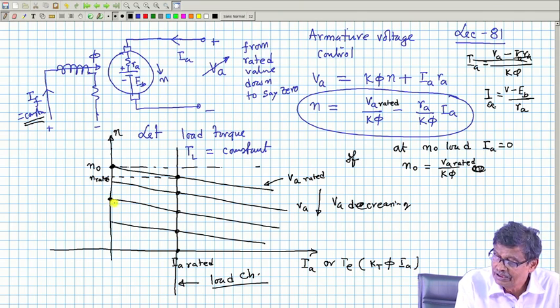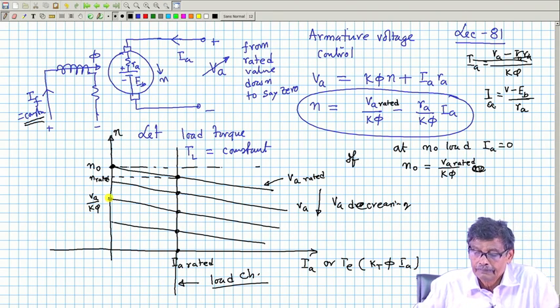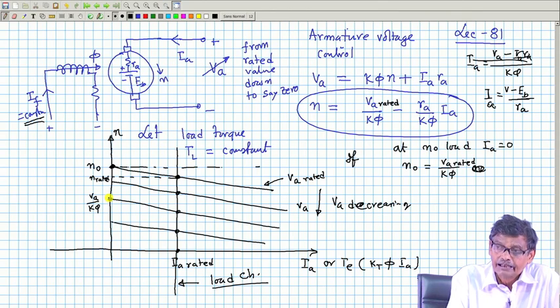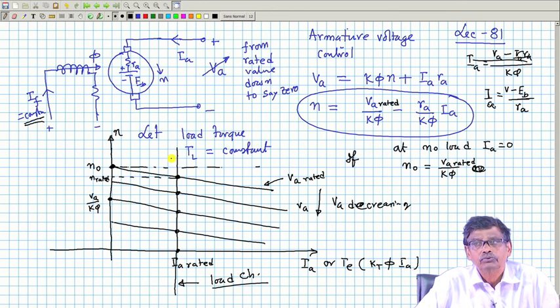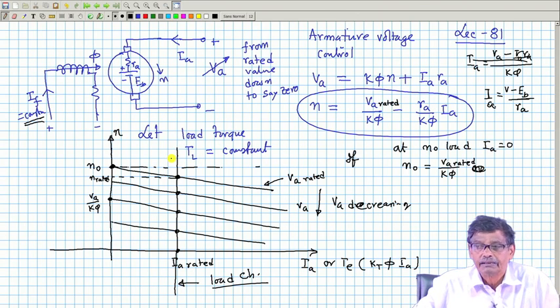This no load speed is whatever V A is applied, that V A divided by k phi. Therefore, the no load speed itself changes, and once again it is a smooth control of speed of the motor. The only thing you require is a variable DC supply voltage.